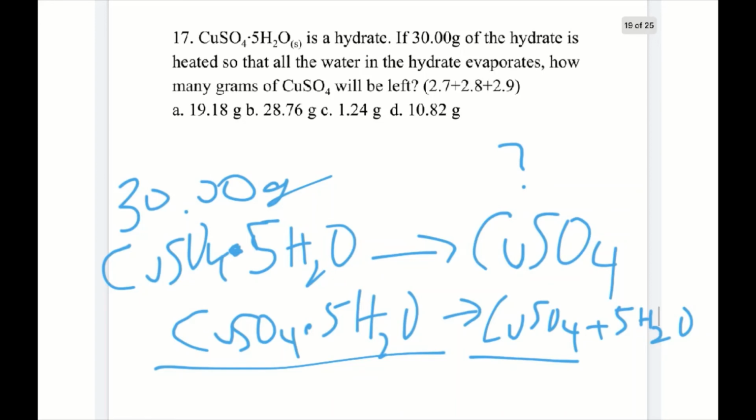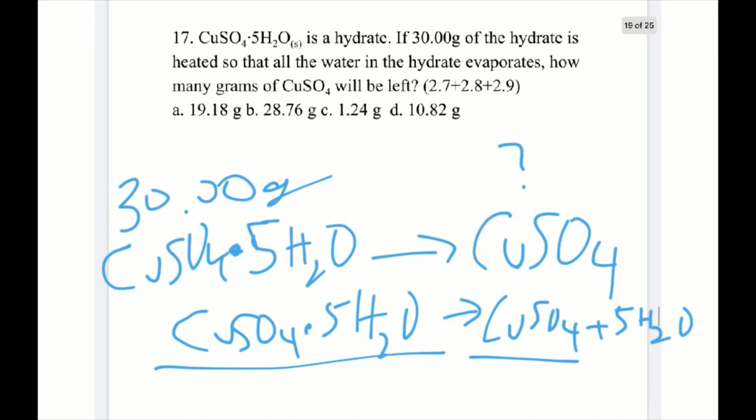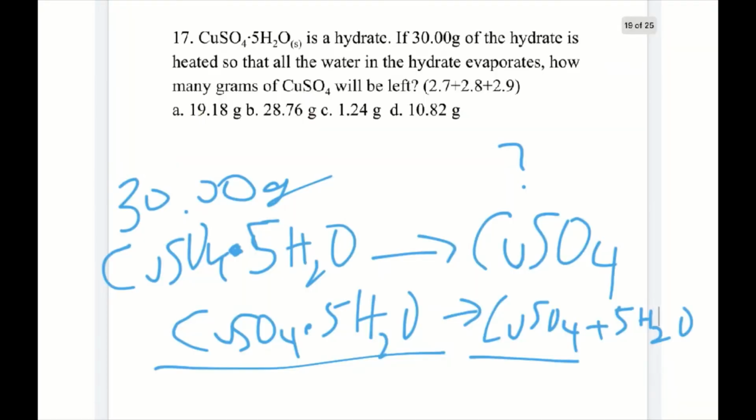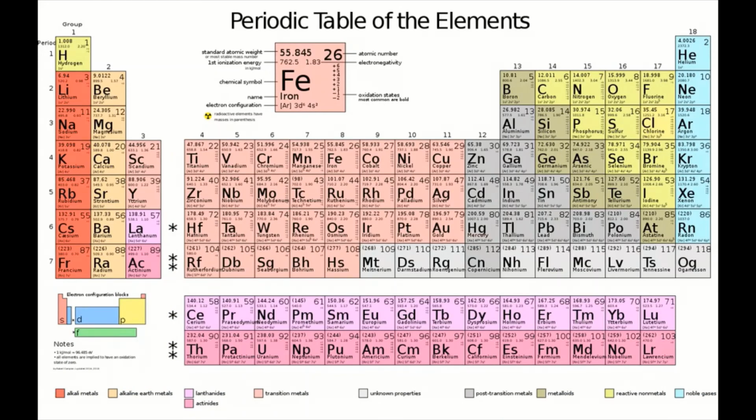So let's convert grams of copper 2 sulfate pentahydrate into moles of copper 2 sulfate pentahydrate. So we have to find the molar mass of copper 2 sulfate pentahydrate. So let's do that. Here's a periodic table, and we need to find the molar mass of copper 2 sulfate pentahydrate. Copper is 63.55.